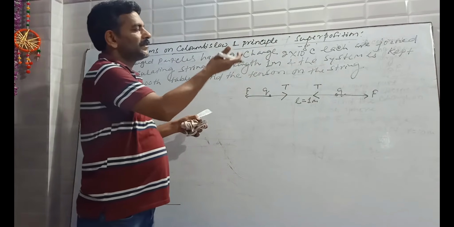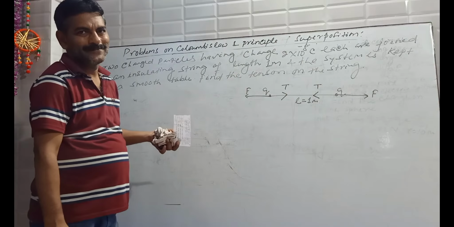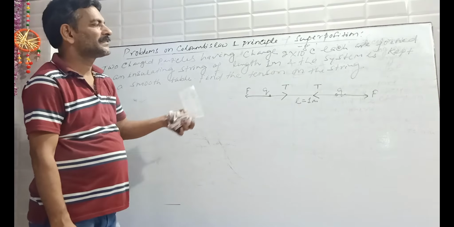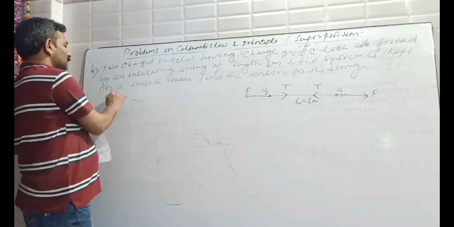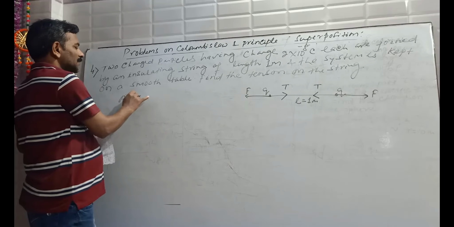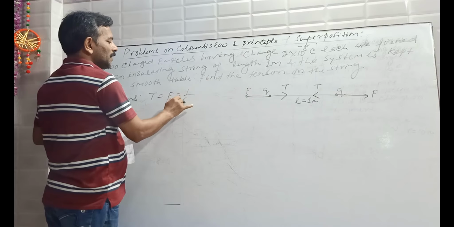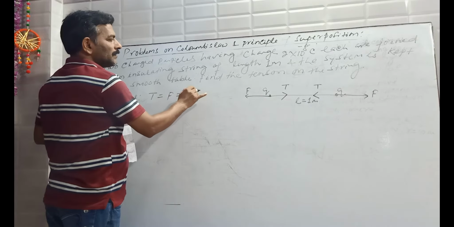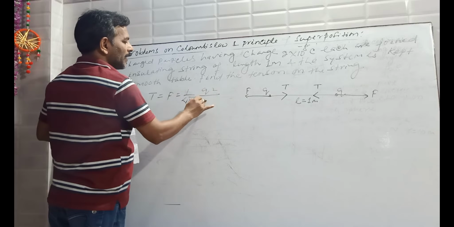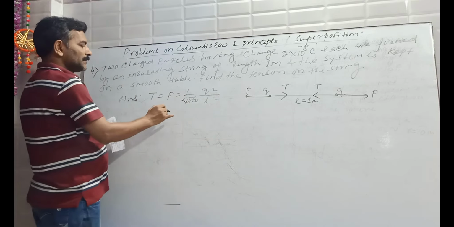So in this case, T is equivalent to F, which is 1 by 4 pi epsilon naught Q square by L square.